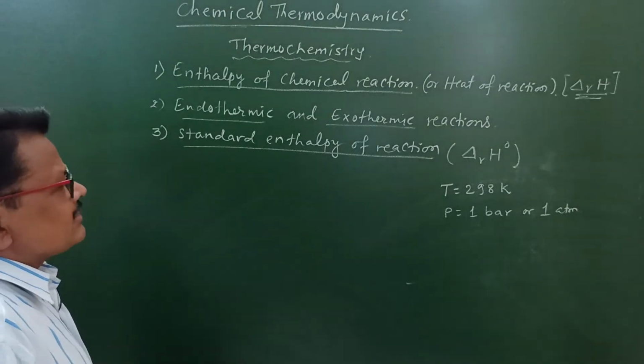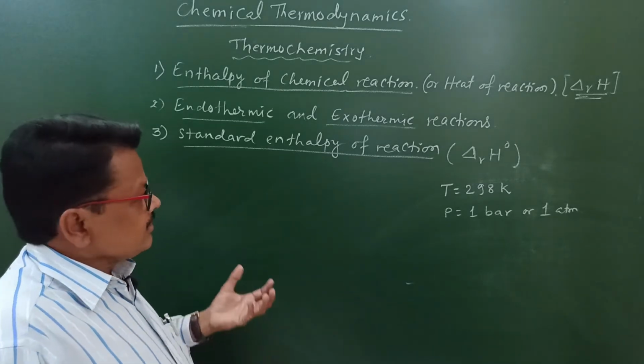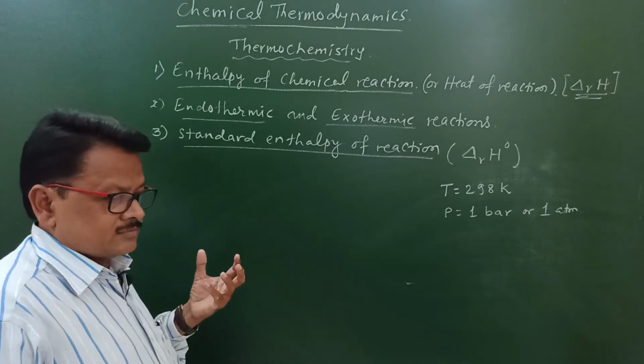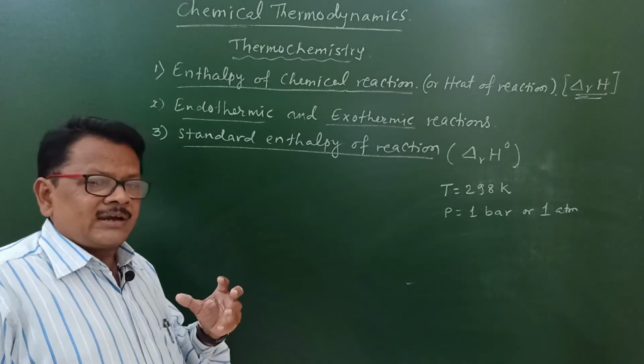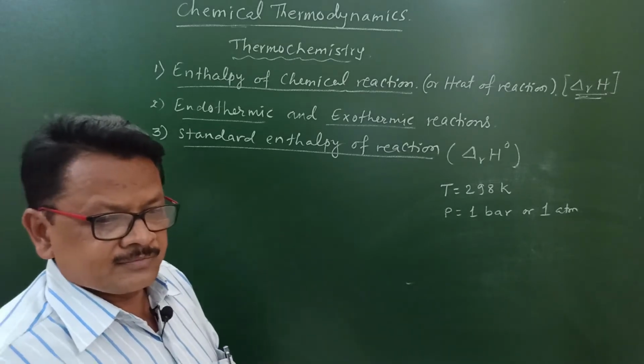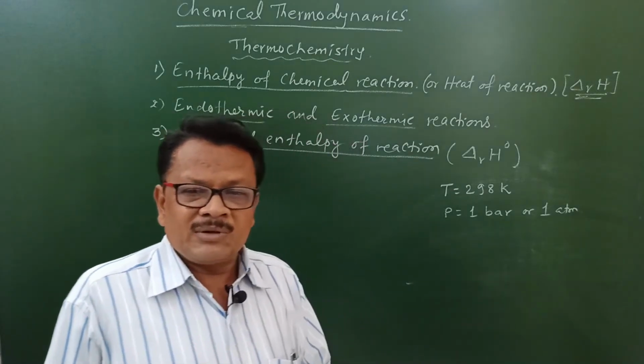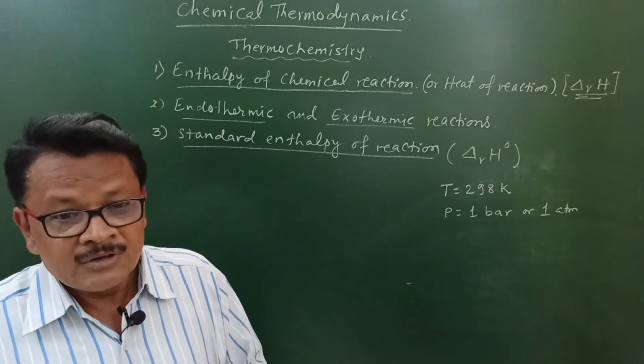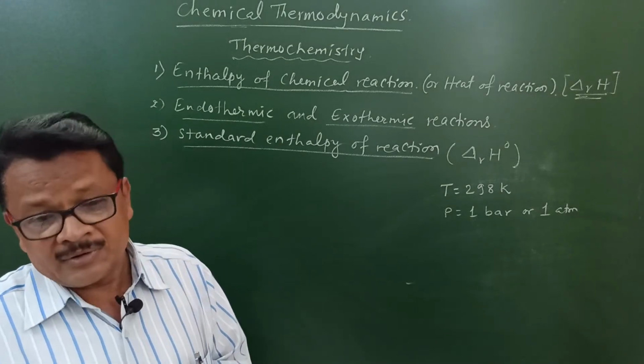What is meant by standard enthalpy of reaction? How can we define it? Enthalpy of reaction is the enthalpy change taking place during a chemical reaction. But what is standard enthalpy of reaction?